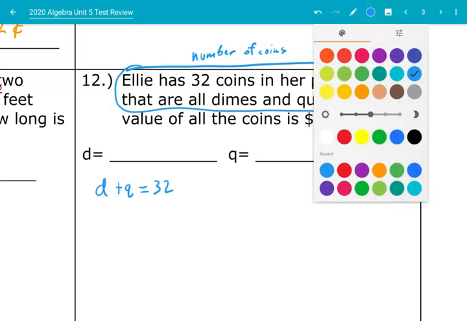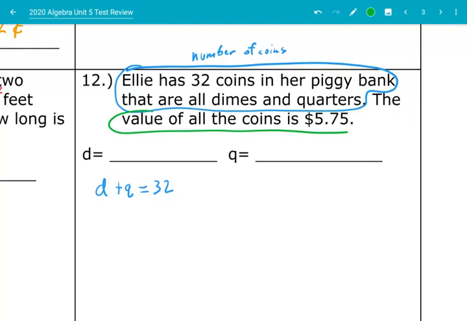Then the bottom one, here we have the value of the coins. So the second one is the value of all the coins. So we're going to put the value with each of the variables here. So we got dimes and quarters.